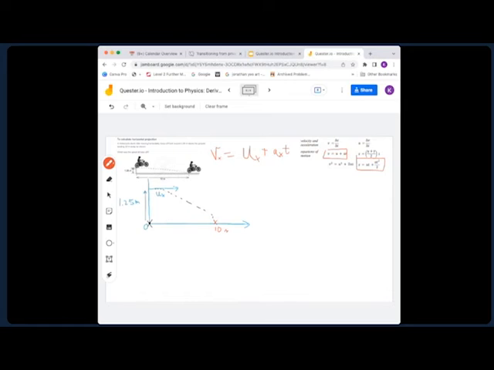Have we even got the time of flight? Oh, okay. So I forgot to do this. Let me just do that. Our displacement is going to be 10 meters. Our initial horizontal velocity, we don't know.